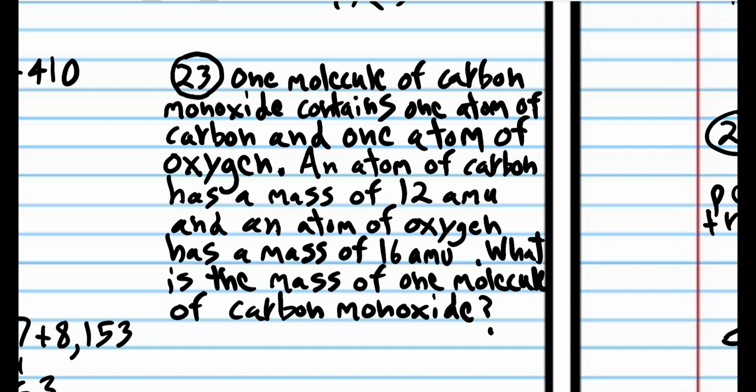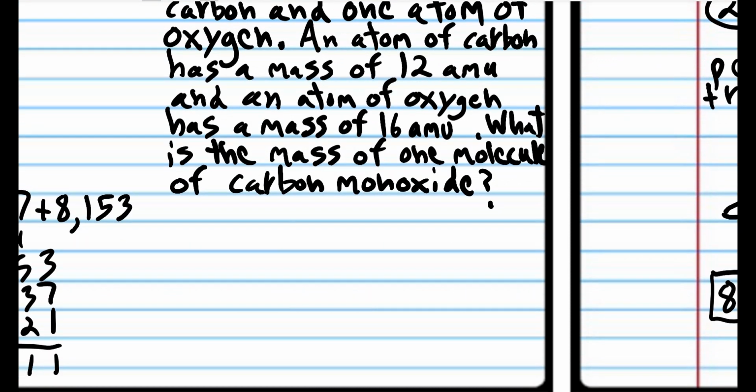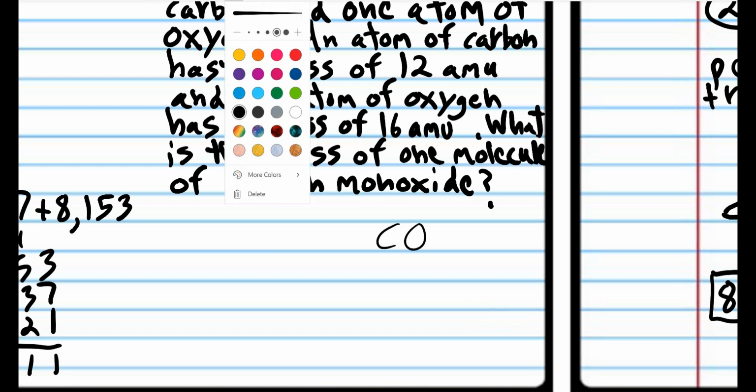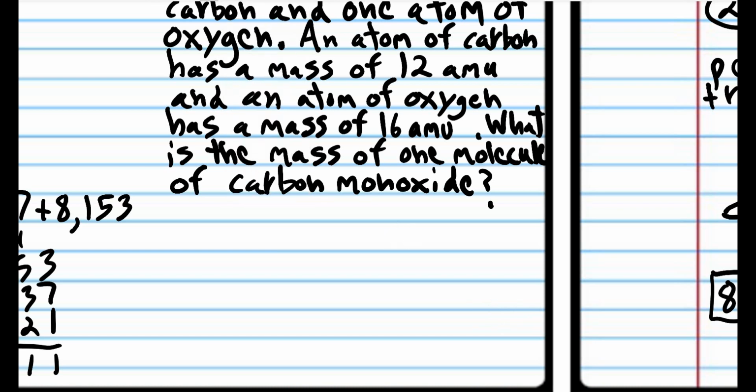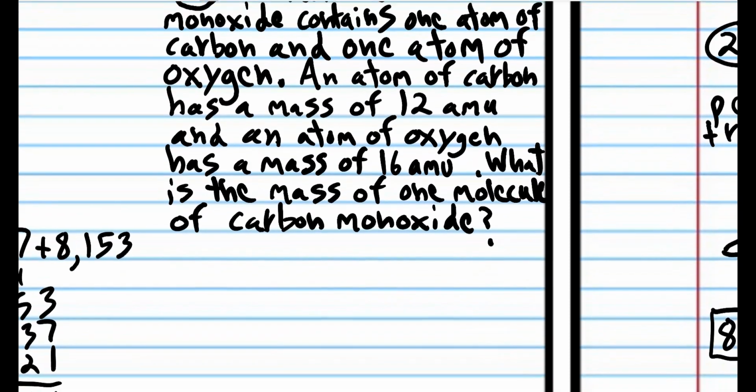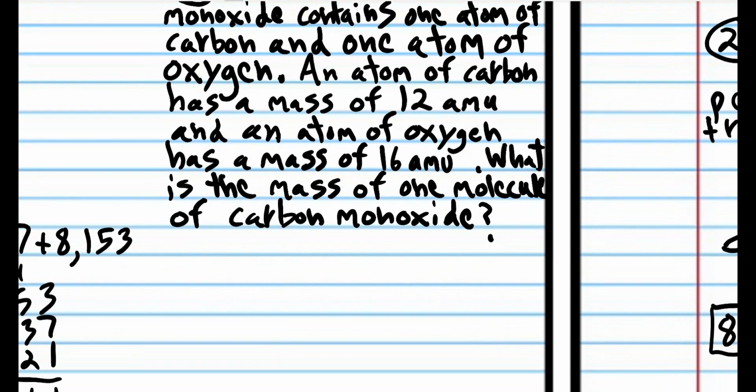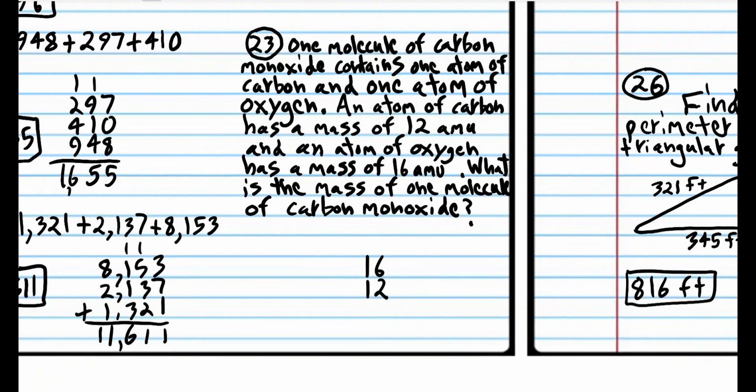So carbon monoxide is CO, 1 carbon atom and 1 oxygen atom. So that means we have to add the mass of carbon and the mass of oxygen. 16 is the mass of oxygen and 12 is the mass of carbon. 6 plus 2 is 8. 1 plus 1 is 2.